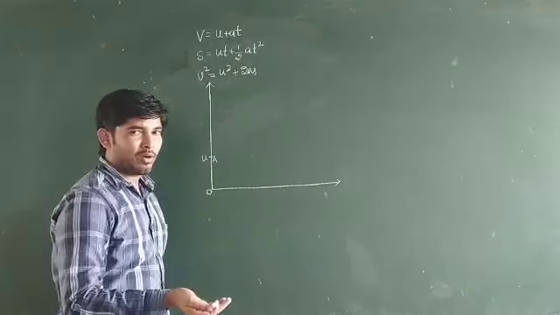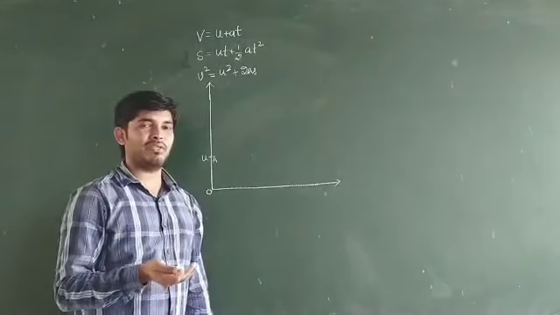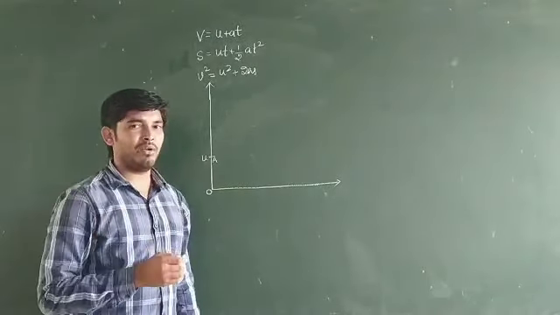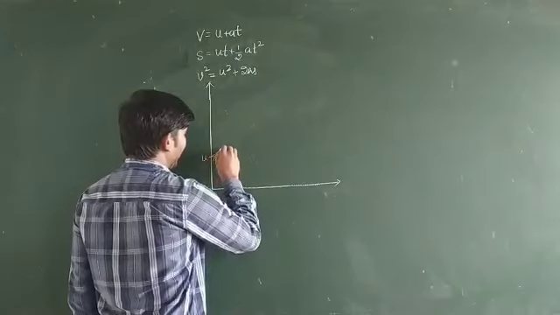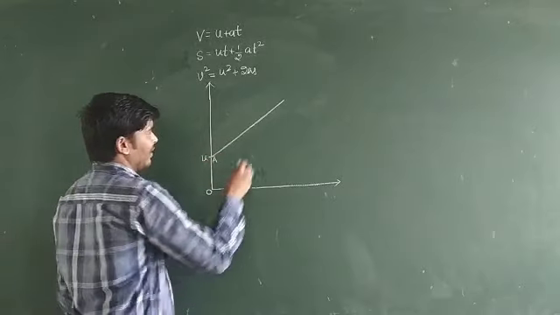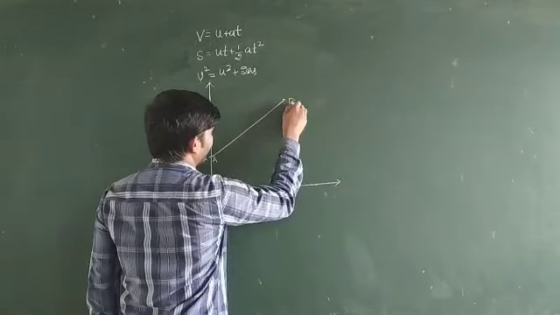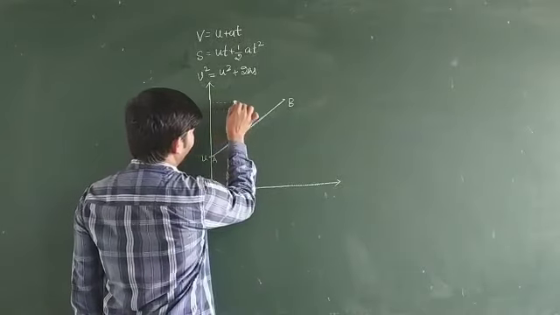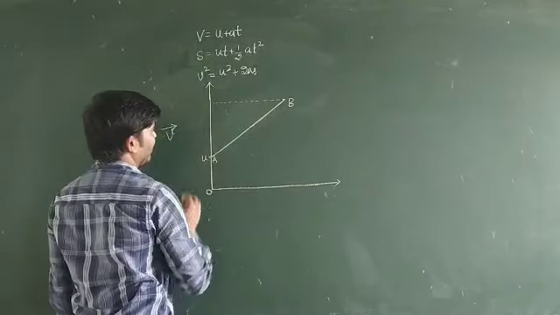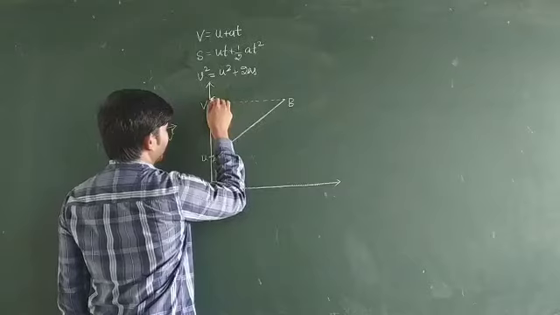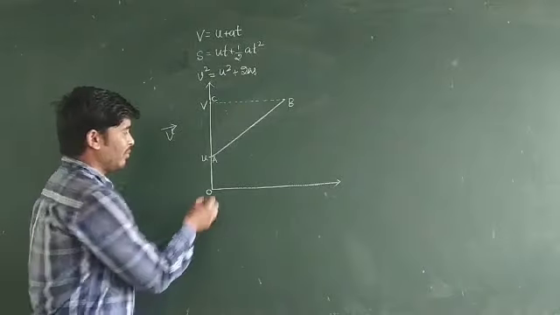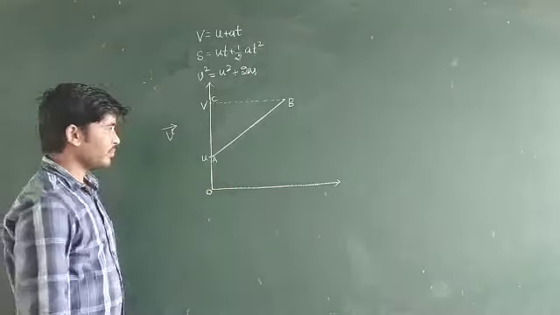Then the body is uniformly accelerated, means its velocity changes uniformly. Velocity changes equal amount in equal interval of time. So then you will get the velocity time graph, that is a straight line from the point A. Then it acquires a final velocity at the point B. To get that, draw a perpendicular to the velocity axis from the point B. Now the point B gives the final velocity, the point A gives the initial velocity.